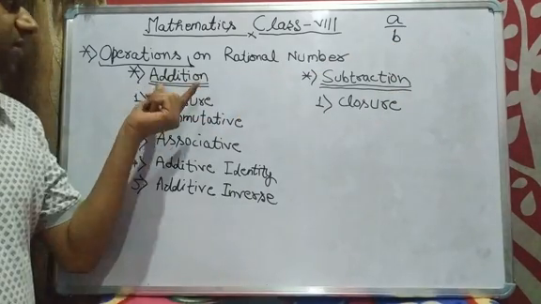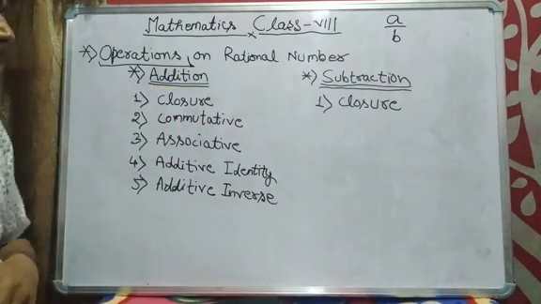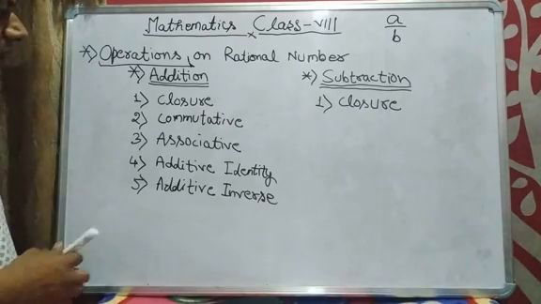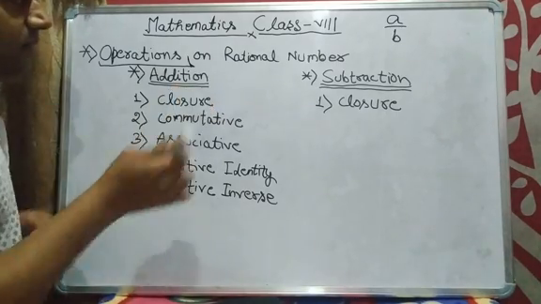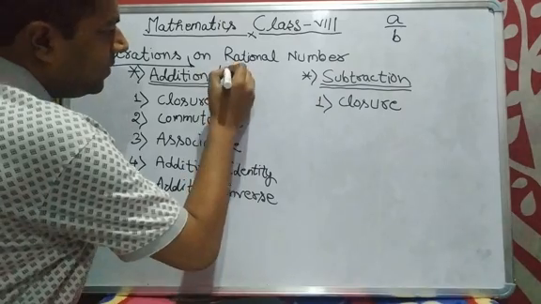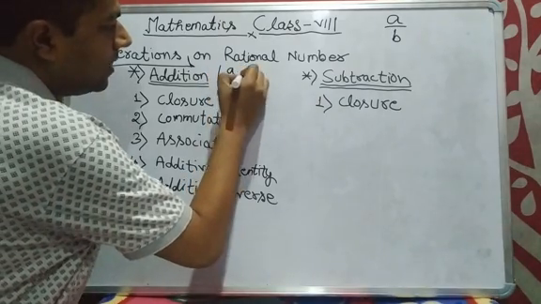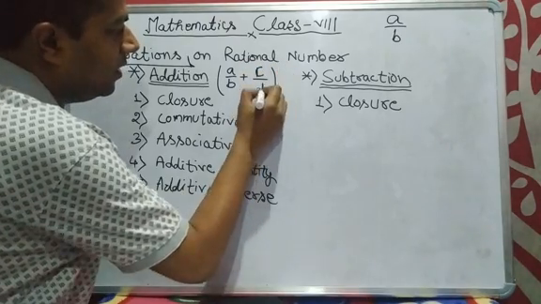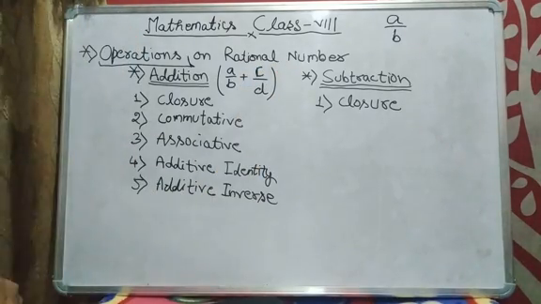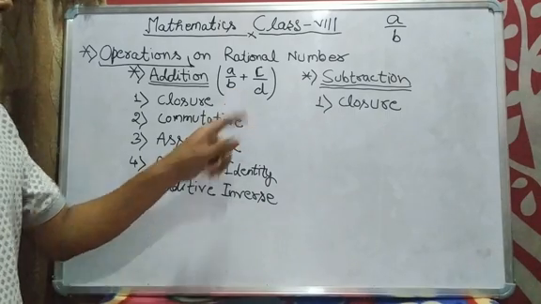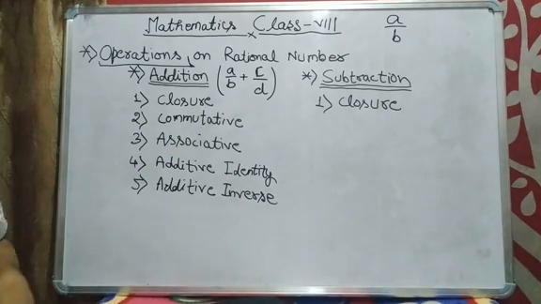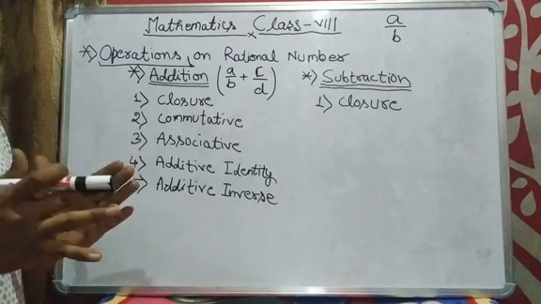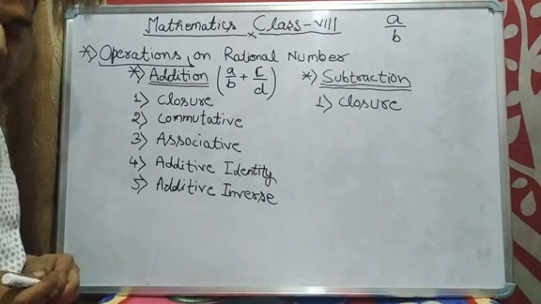Starting with the addition operation, let us take an example, A upon B plus C upon D. We have two rational numbers, A upon B and C upon D, so addition means to add the two rational numbers.